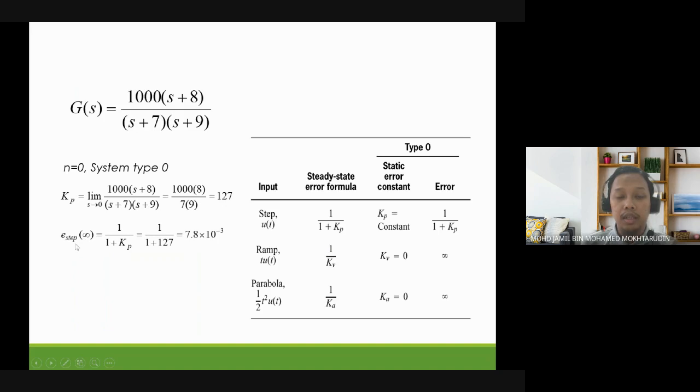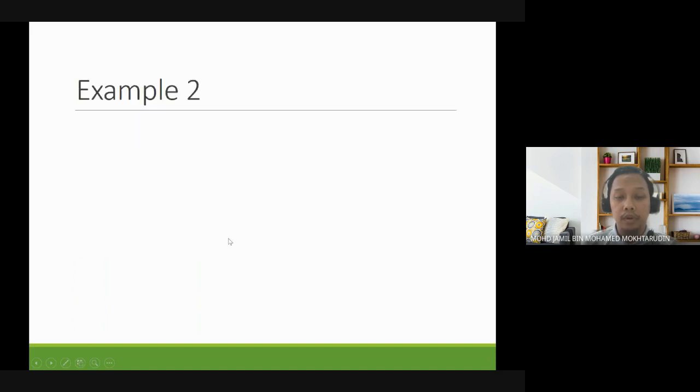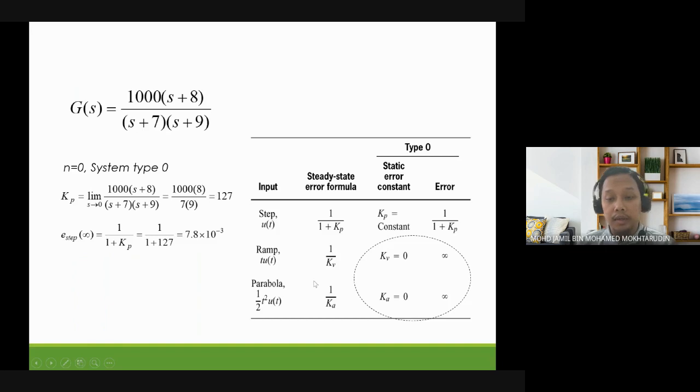The steady state error for a step input, you get 7.8 times 10 power of negative 3. For the remaining inputs, ramp and parabolic, the error is infinity and the static error constants are 0. You don't need to calculate, just refer to the table.